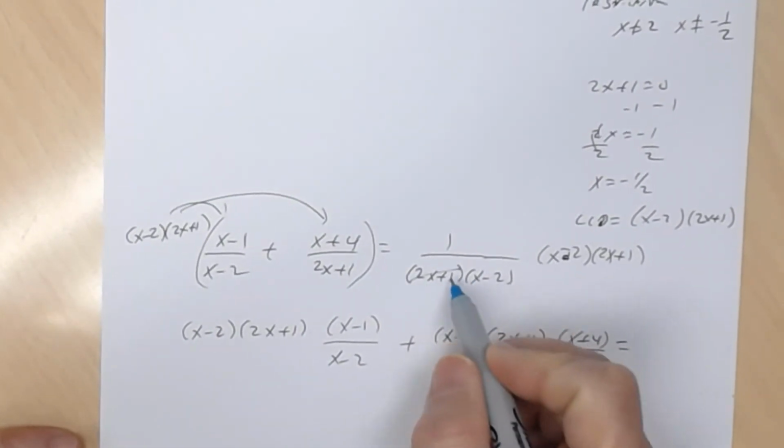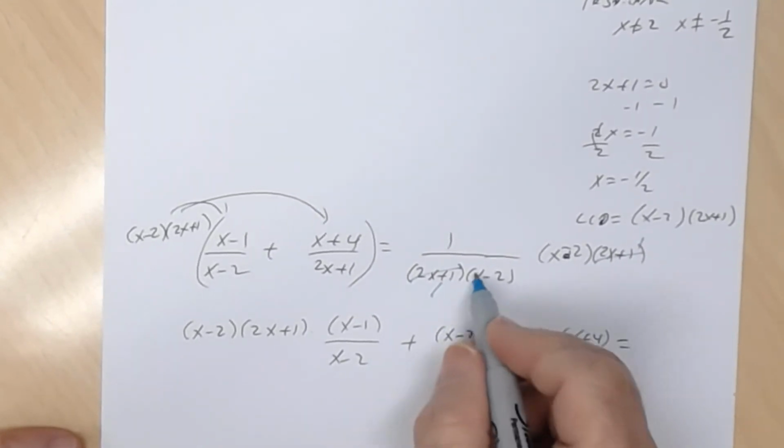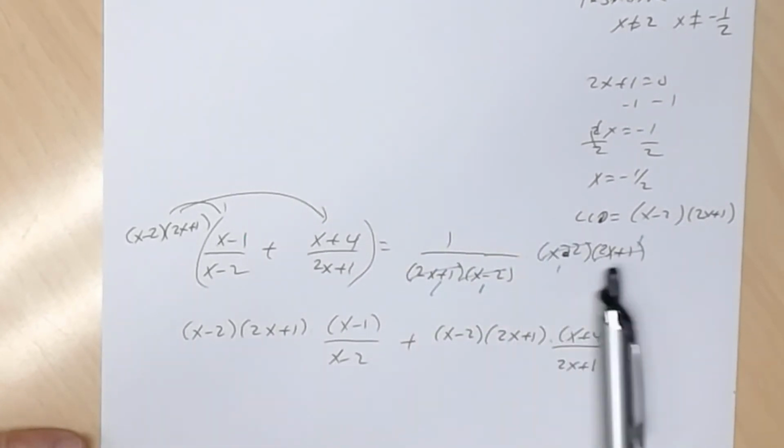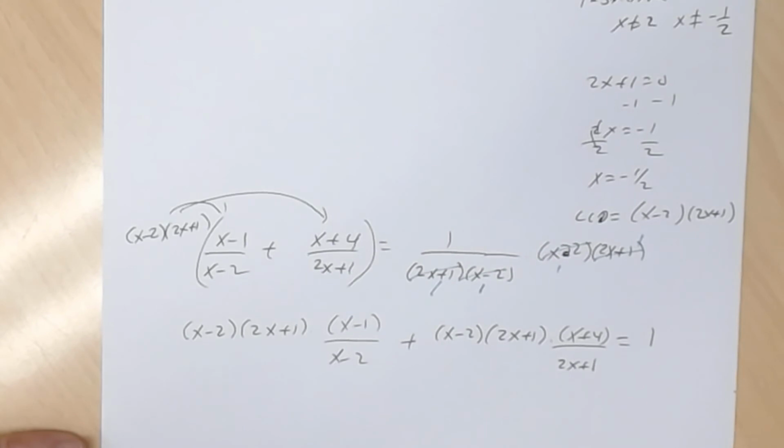So notice that 2x plus 1 reduces with 2x plus 1. X minus 2 reduces with x minus 2. And notice what you have. 1 times 1 times 1 is 1. Okay?